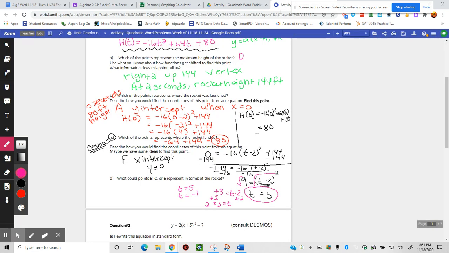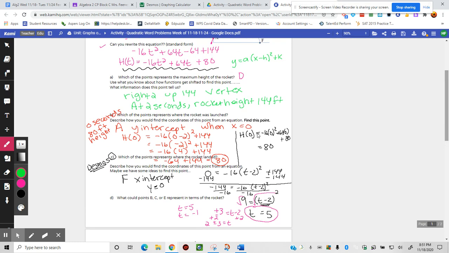Okay. The last part that's here is what do these points B, C, and E represent? Basically all that they're saying is along this route, your rocket could be certain heights. So at a certain amount of time, at 1 second, at 2 seconds, at 3 seconds, it could be at a certain height.